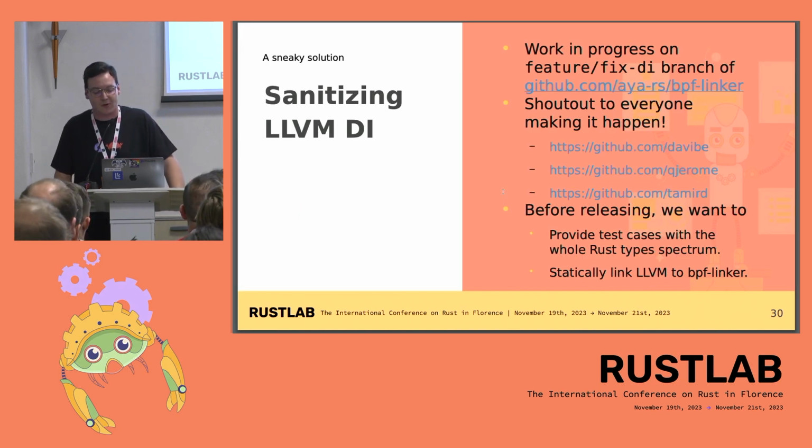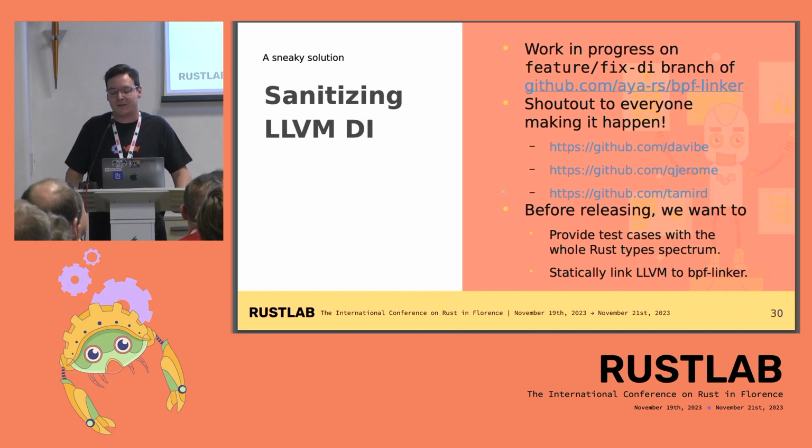The work in progress for the BTF sanitization is already in the BPF-linker repo in the feature fixDI branch. We are really hoping to release it soon. It mostly works.